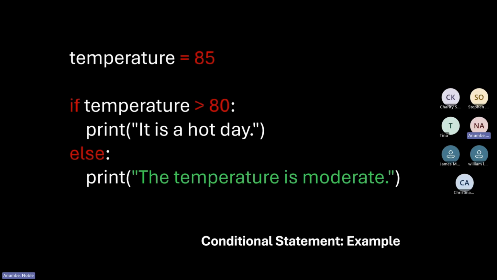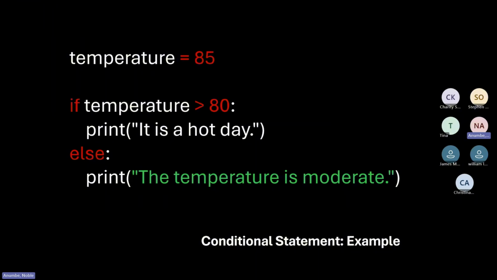This is a typical example of what I refer to here. Let's say we have a temperature set at 85. This conditional statement says: if the temperature is greater than 80, then the computer prints out "it's a hot day." Else, anything 80 or lower, it says the condition is moderate.